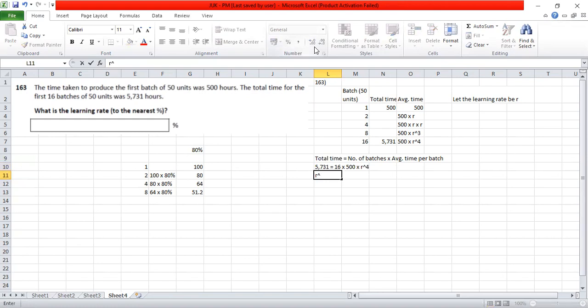R to the power of 4 is equal to 5731 divided by 500 into 16. Check how much is that?